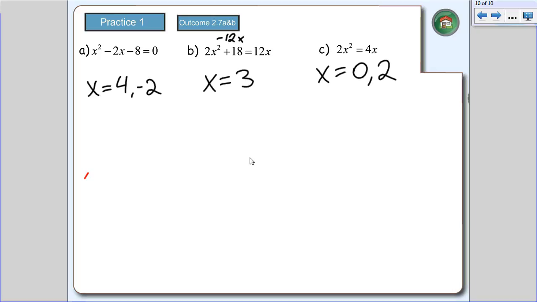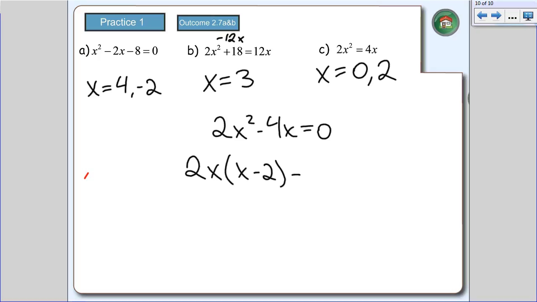Take out your greatest common factor of 2 and of x. So it's 2x on the outside, x minus 2 on the inside equals 0. The first one, the only way to get that 0 is if x is 0. The second one, the only way to get that to be 0 is if x is 2, and that's your answer.